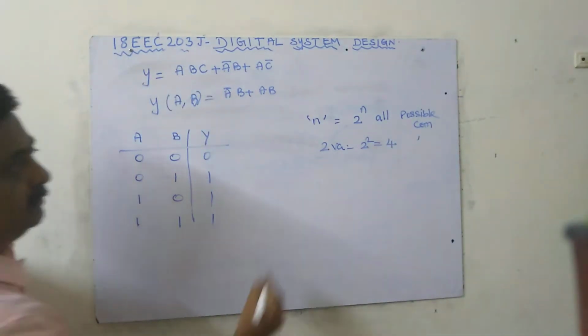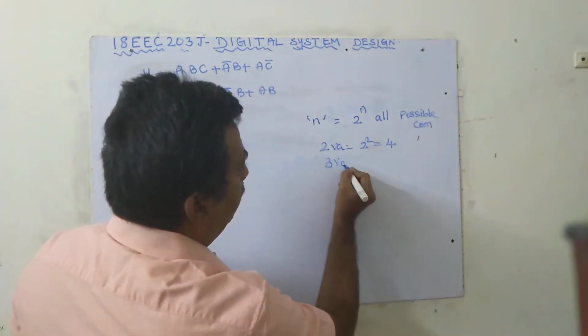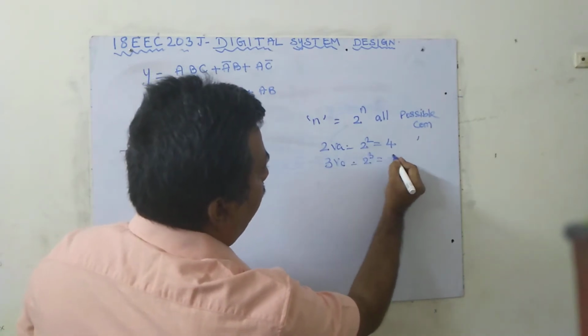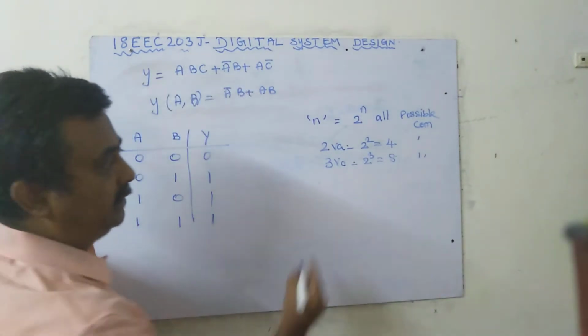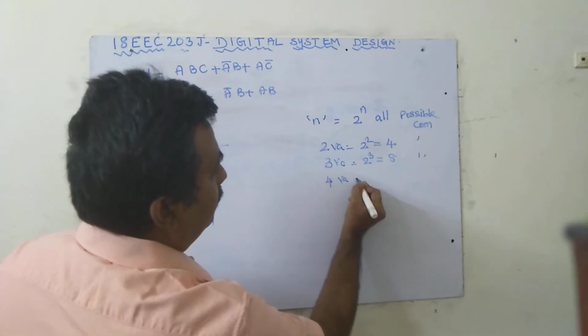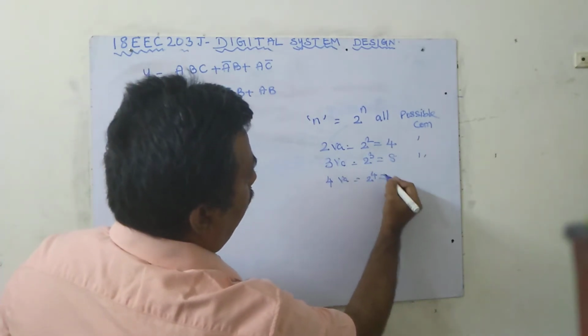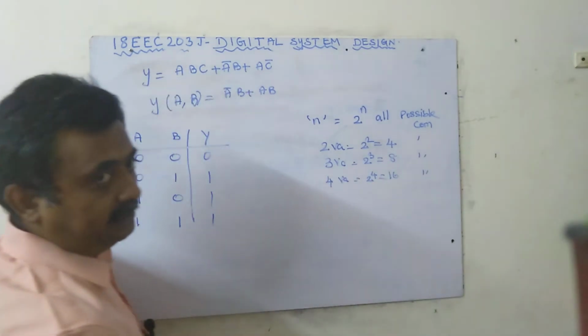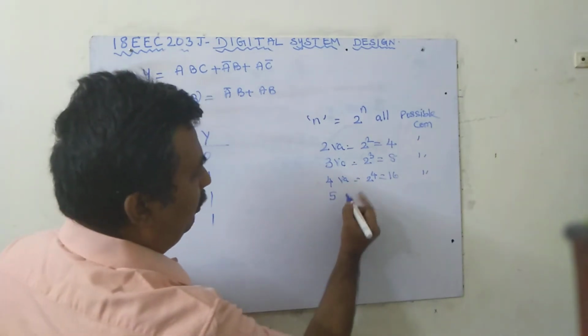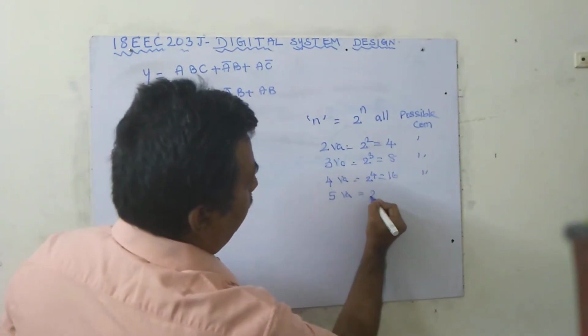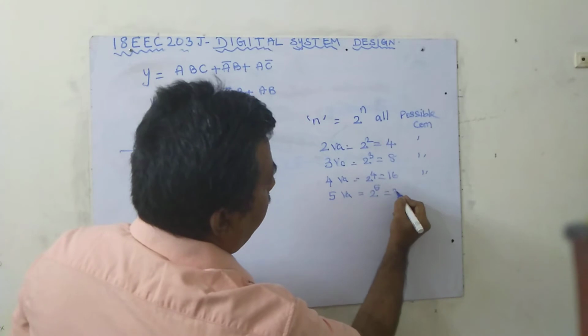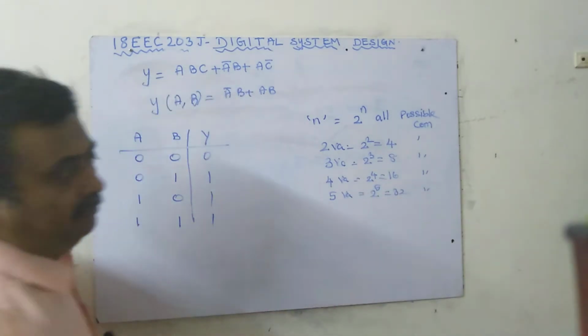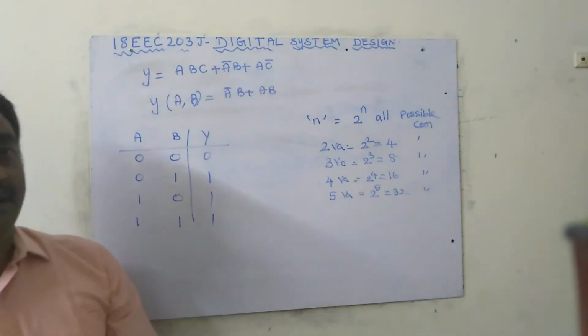If we are having 3 variables, then 2 power 3 equals 8 all possible combinations. If we are having 4 variables, 2 power 4 equals 16 all possible combinations. Five variables will be the maximum for our subject, giving 32 all possible combinations. Similarly for 6, like this.